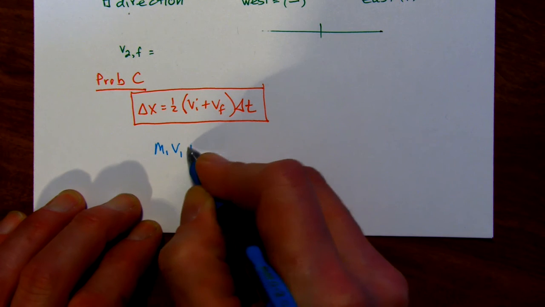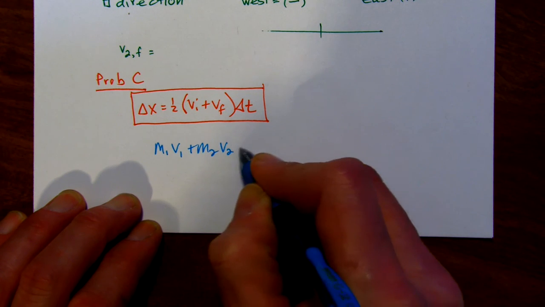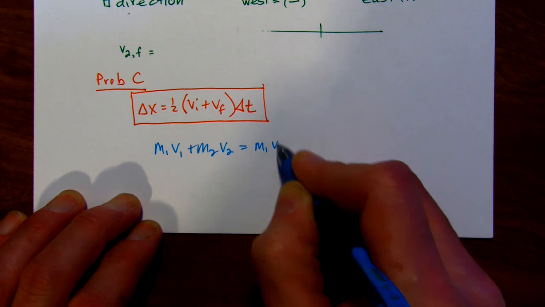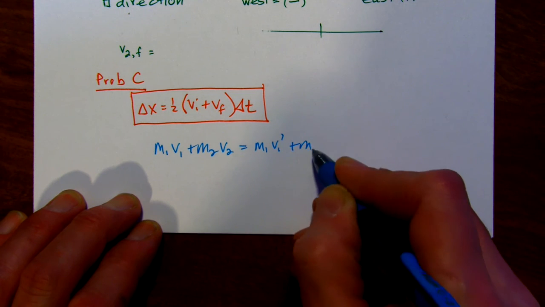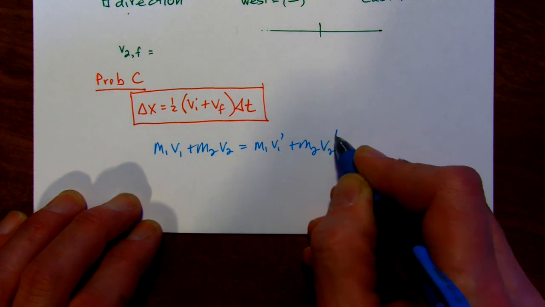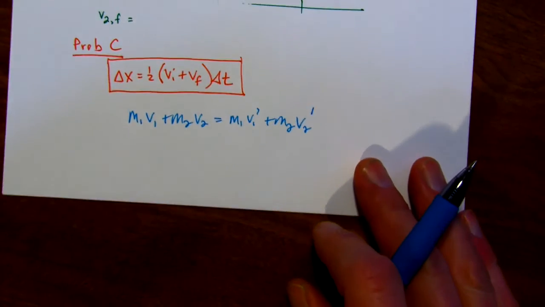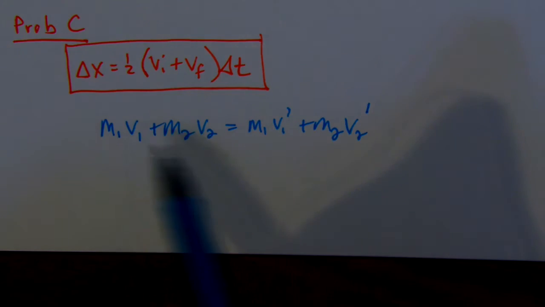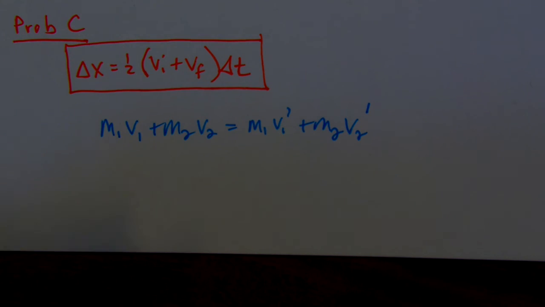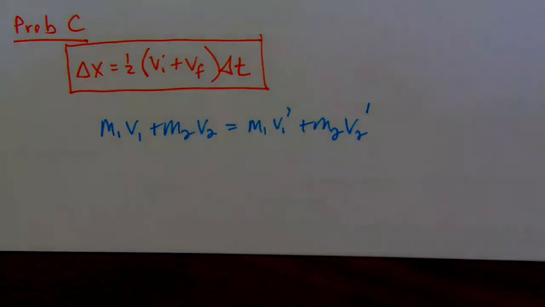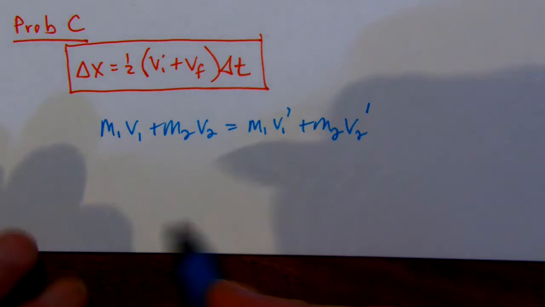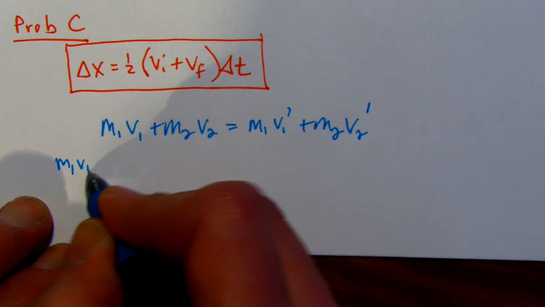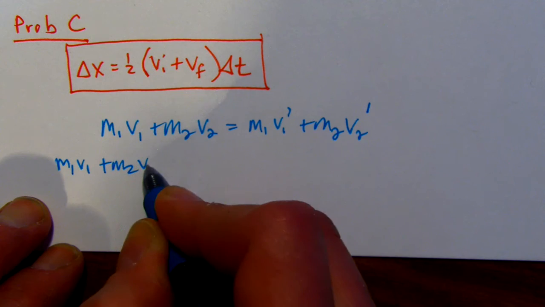M1 V1 plus M2 V2. These are going to be elastic collisions. That situation there says that we have an elastic collision, and I know it's elastic because these two masses do not stick together. And if you need to solve for V2 prime, you keep M1 V1, M2 V2 together.